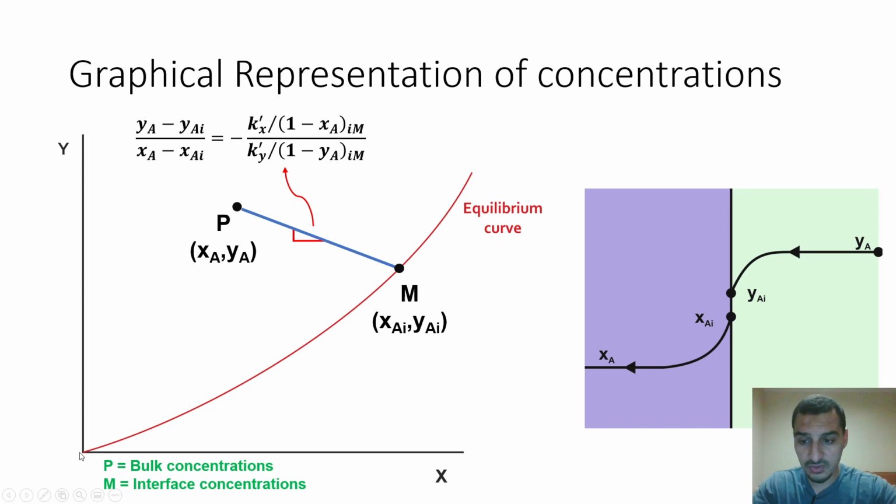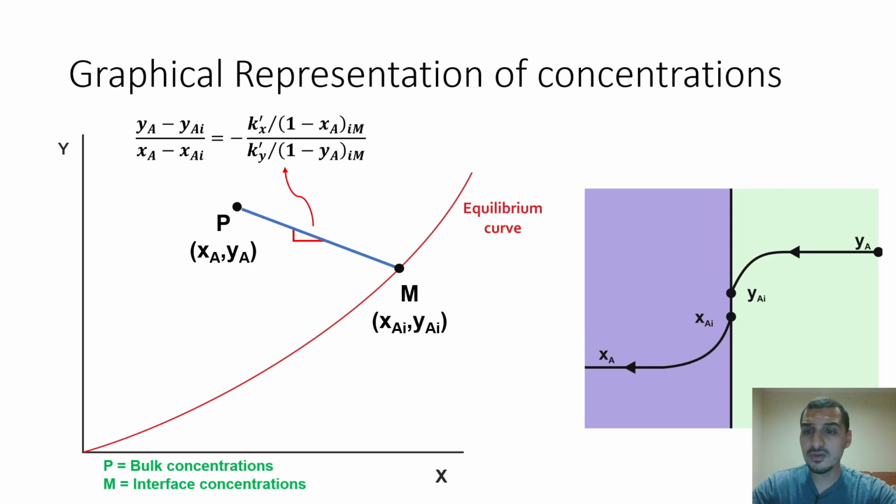On the other hand, if you go from down to up, then you will have YA interface smaller than YA at the bulk. So this has a smaller value than this. This agrees with what we have, and the slope is negative, and this agrees with what we have here. So it is important to have an understanding of the physical meaning of the equation, and how this makes sense from what we have in the equations.